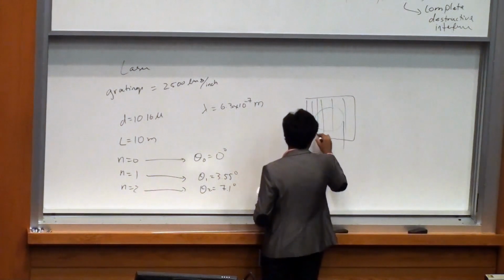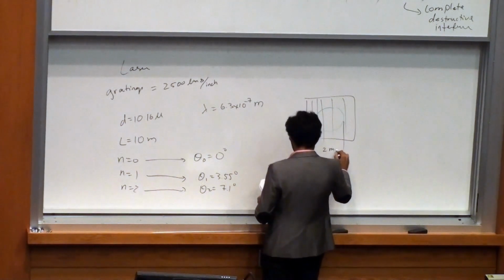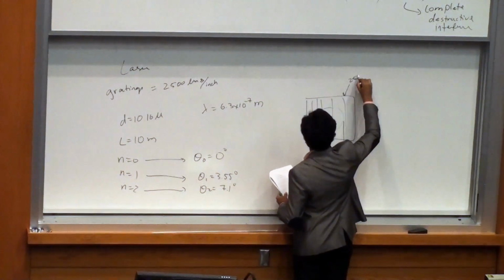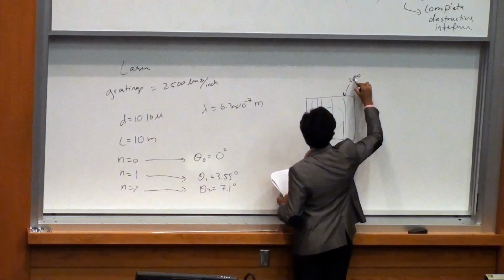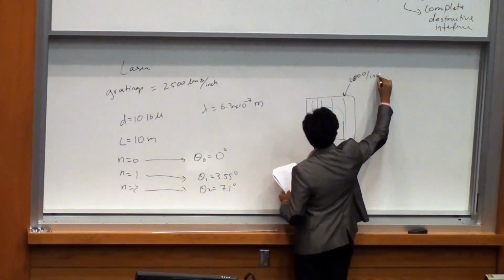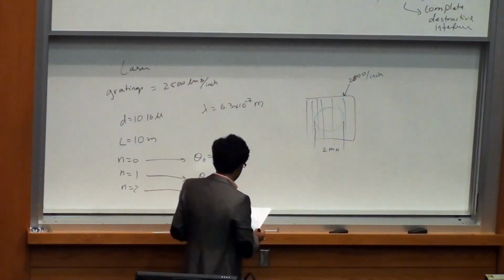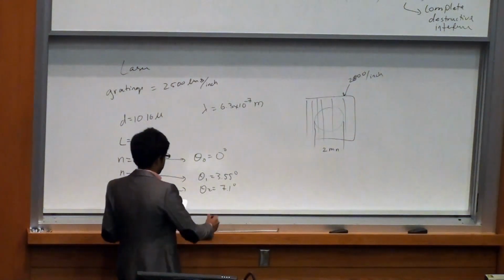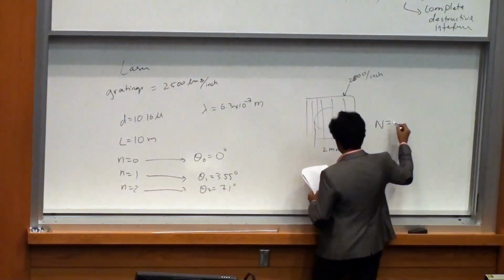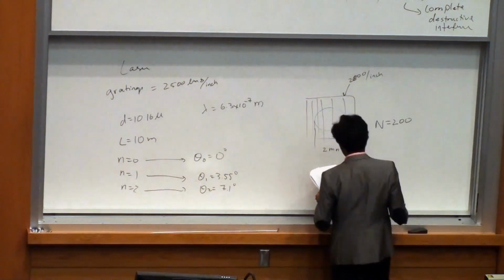Let's say the width of my laser, in this case, is 2 millimeters, and this grating, as I said over there, is 2500 per inch. I want to know how many slits I'm using. If I take my laser beam to be 2 millimeters in size, then my n here, once I do the calculations, is going to be 200. I'll have 200 of those slits.